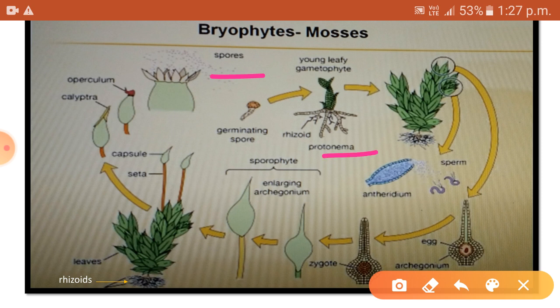The gametophytic plant body bears the sex organs, antheridia, which produce the male gametes or sperms, and archegonia, which produce the female gamete or egg. The sperm swims through the water and reaches the egg cell in the archegonium. The nuclei of the sperm and the egg fuse to form zygote inside the archegonium.